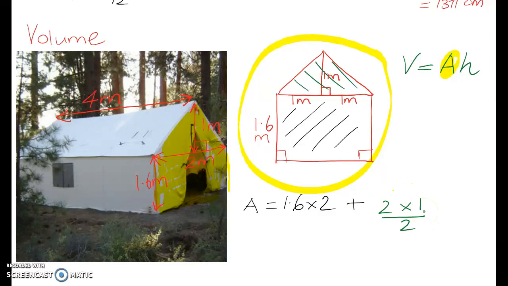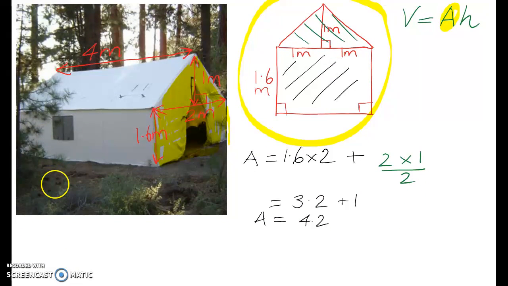That's how we do area of a triangle. So let's put that together for our area. So 1.6 times 2, that's 3.2, plus 2 times 1 over 2, that's just 1. So I'm getting an area there of 4.2. Okay, so that's what that area is. Great, that's that bit there.